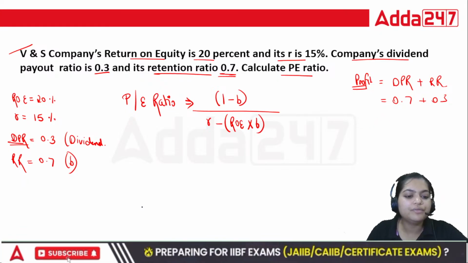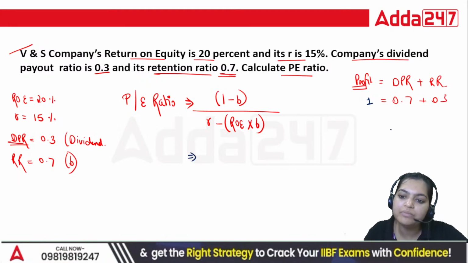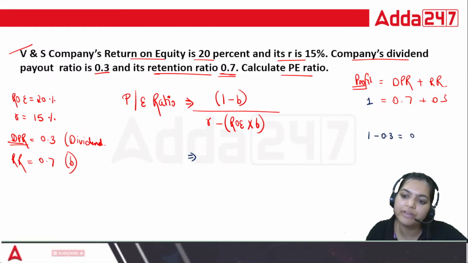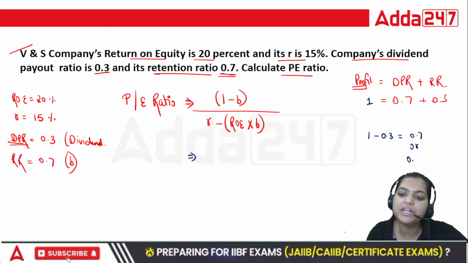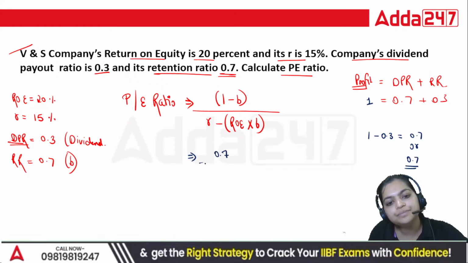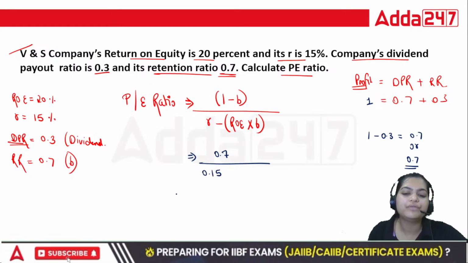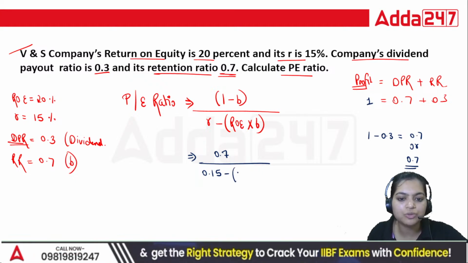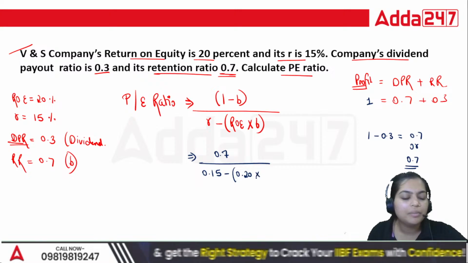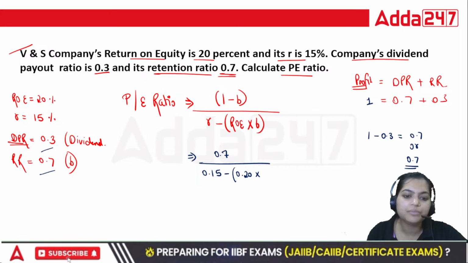Now which value do we need to use here? If you are applying 1 minus B, you will be doing 1 minus 0.7. Or as per the question, the value is directly given. So use it here. R is 15%, minus ROE, that is 0.20, multiplied by B, that is 0.7.